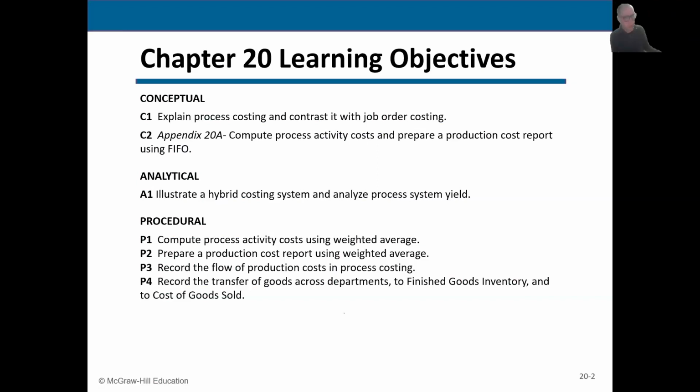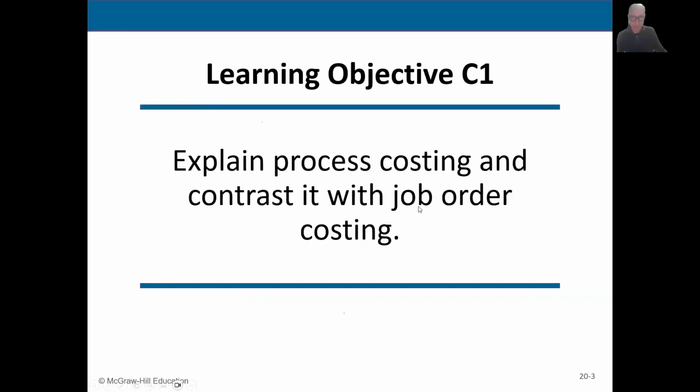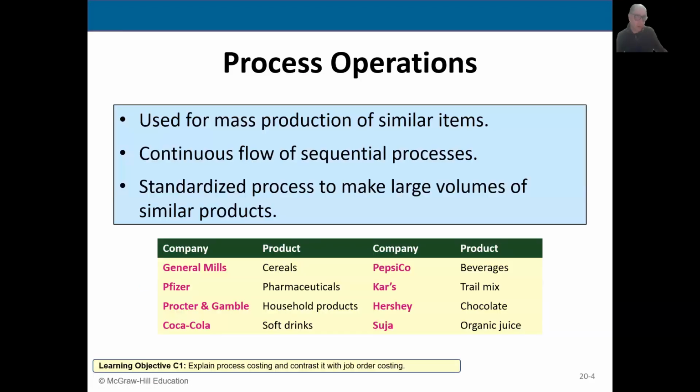It's important for you to remember what job order costing was as it contrasts with process costing. Job order costing was the focus on individual customers' orders, right? That was job order costing.